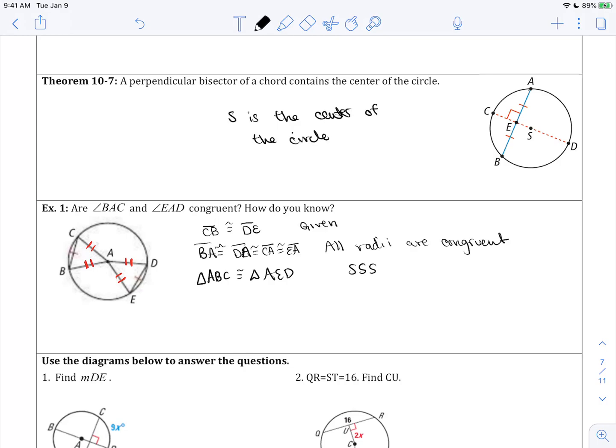And if both triangles are congruent, then BAC is congruent to EAD by CPCTC. Cool. All right.